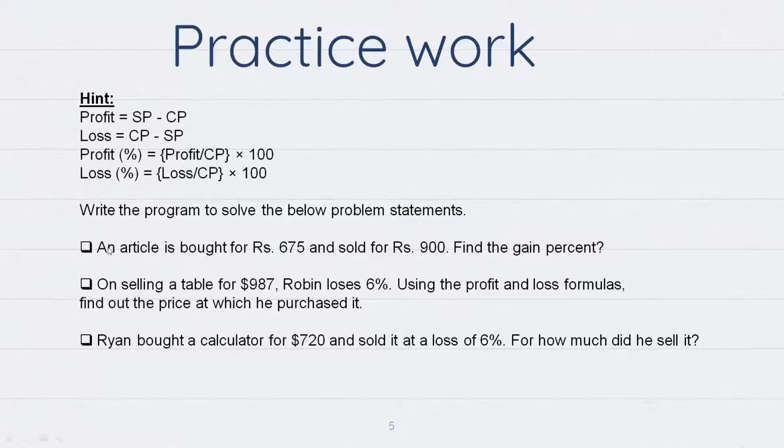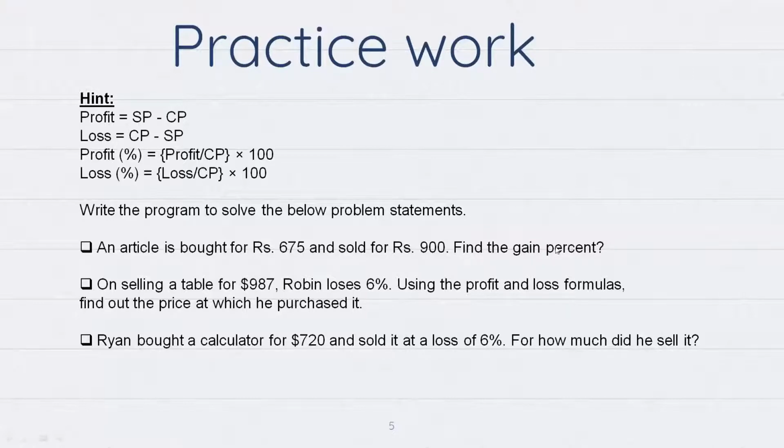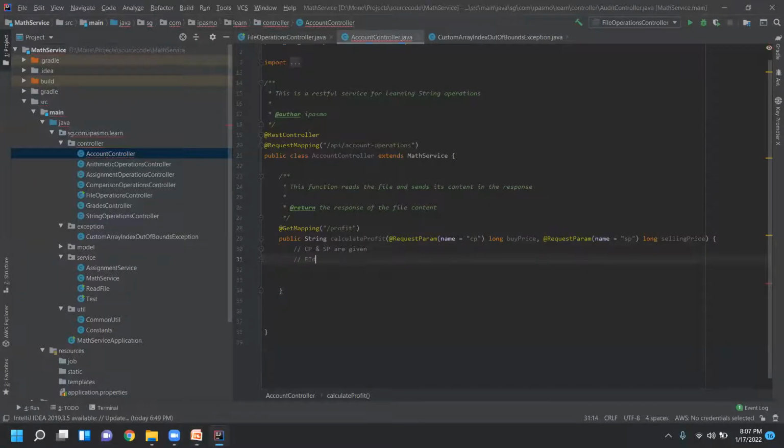It says an article is bought, so cost price of this article, and this is the selling price, right? So he has already given cost price and selling price. CP and SP are given, right? So now what should we find? Gain percentage, right? Gain means what? Profit.